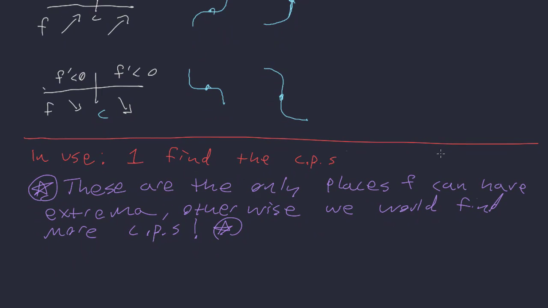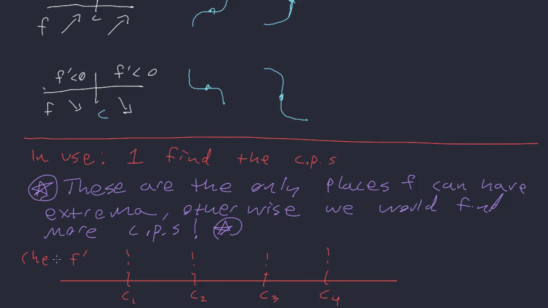So then, once we find the critical points, then we can split up the interval, right? So we might have a critical point 1, a critical point 2, a critical point 3, and a critical point 4. And then we can go through and check each region individually, right?